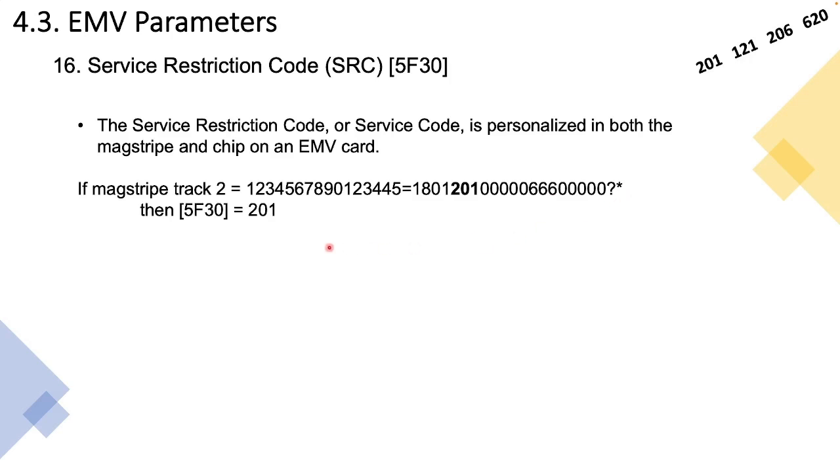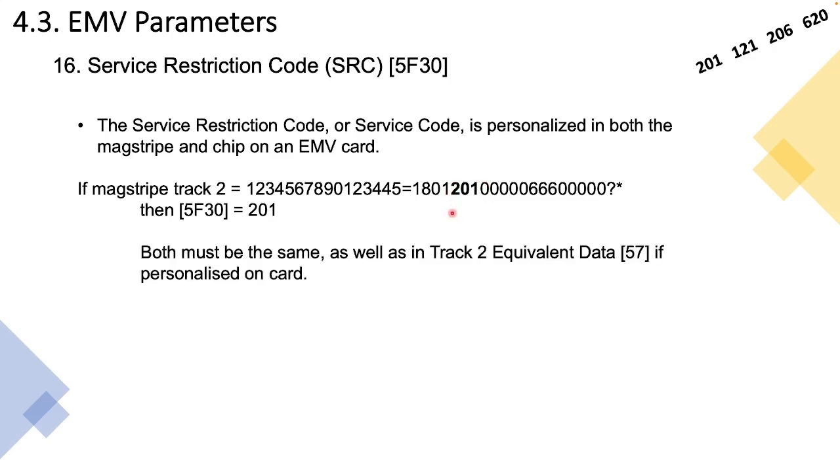Okay, so service restriction code is this 201 on your mag stripe, which means when you are writing tag 5F30 to the application on the chip, you have to make sure that the value you write here is equal to the value that you are writing or containing within your track 2 data on your mag stripe. Okay. So just repeating, they both must be the same.